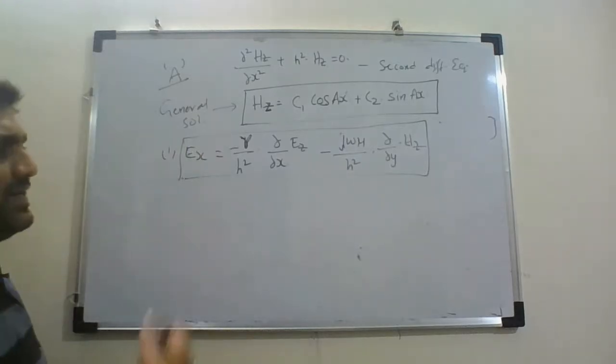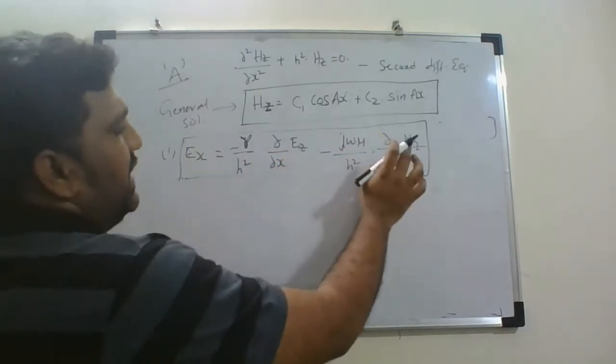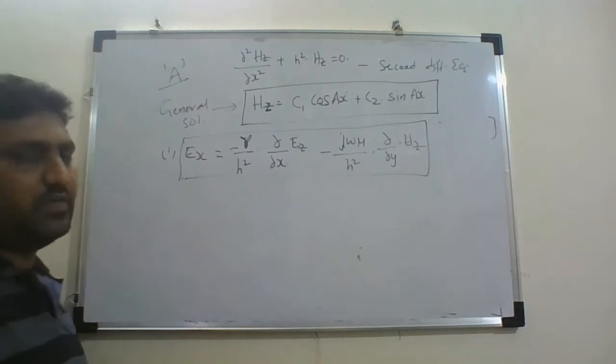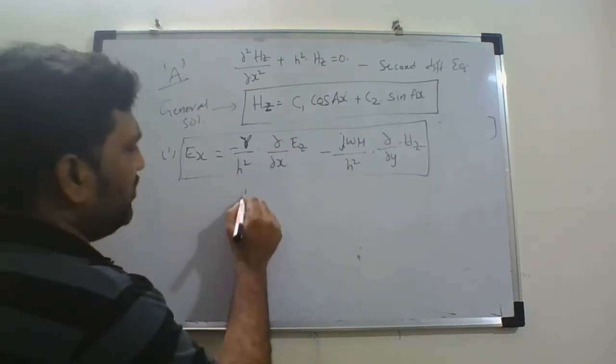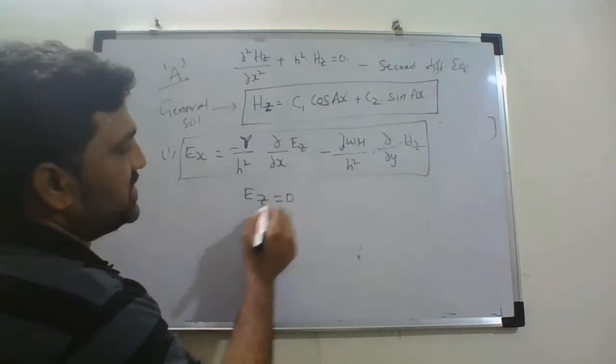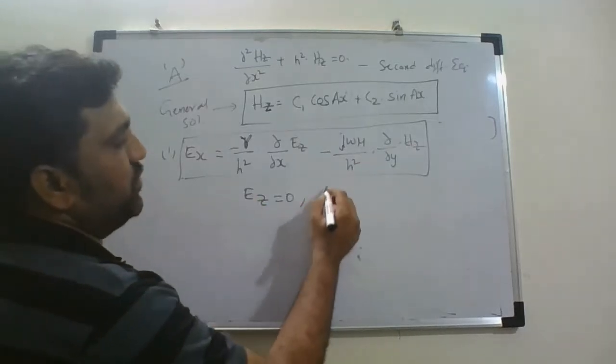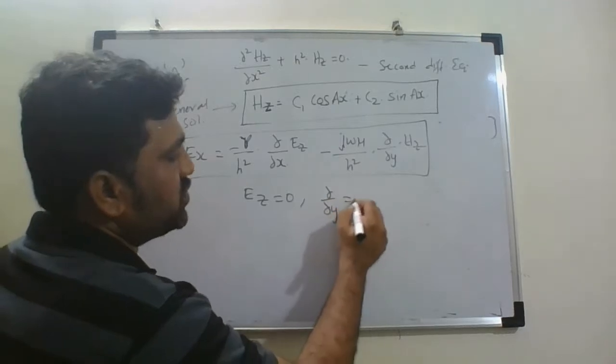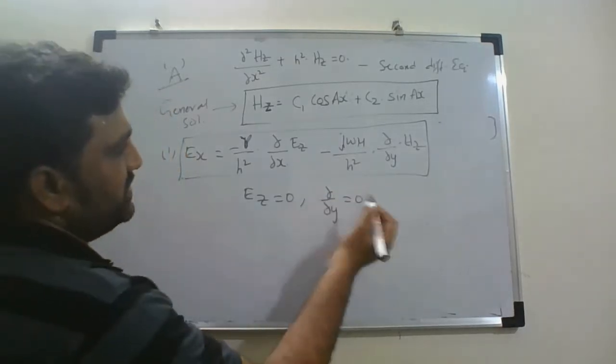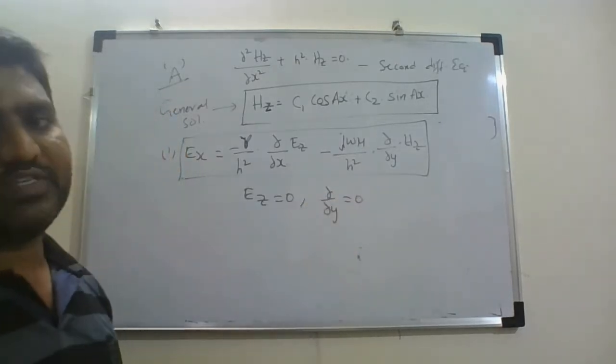Now let us substitute the values of Ez, Hz and the remaining terms. We know that for the TE wave in a planar waveguide, Ez is equal to 0 and ∂/∂y is also equal to 0. Anything with respect to ∂/∂y is always equal to 0.